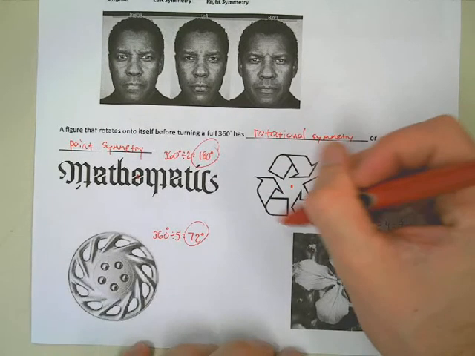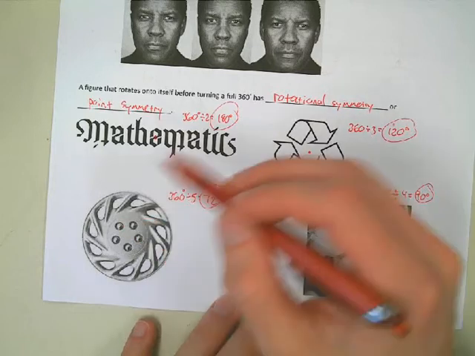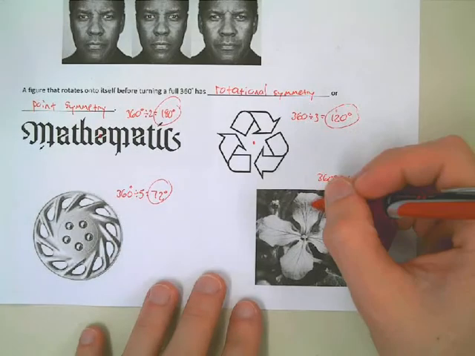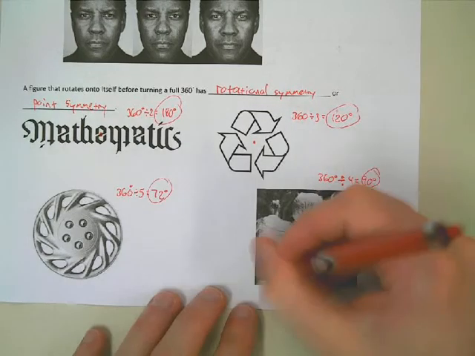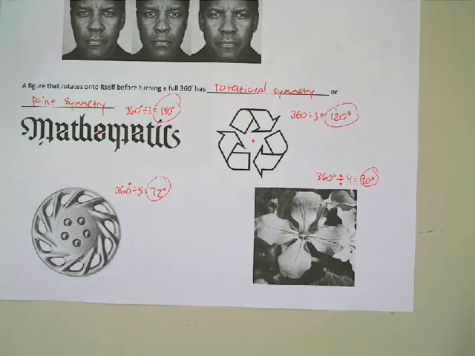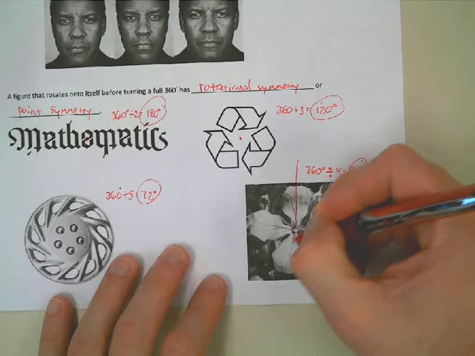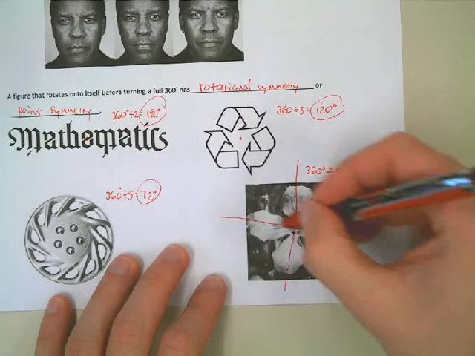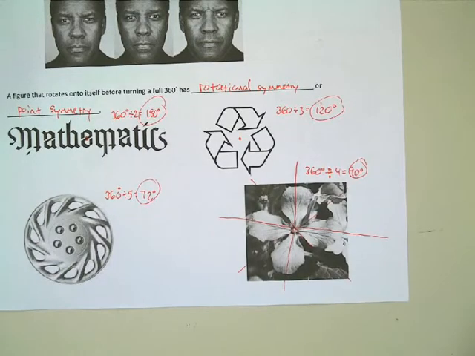I don't think this guy quite has line symmetry either. The flower kind of does, though. If we, again, forgive Mother Nature, we can draw actually 4 line symmetries there. We can do it like that, and like that, and like that, right? Got some line symmetry there.